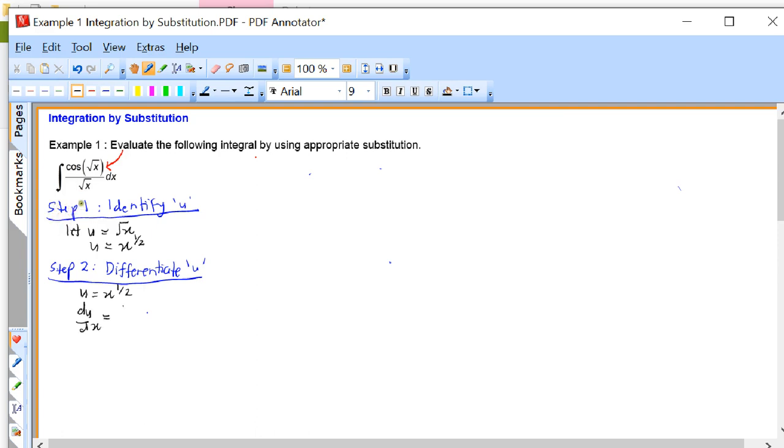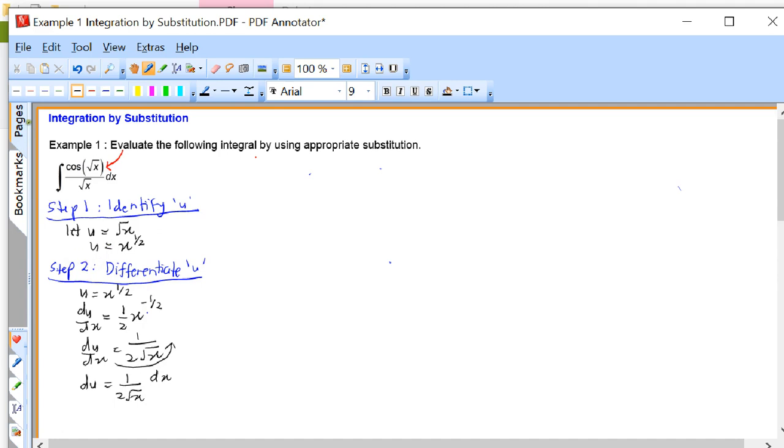Differentiating the function, you're going to have 1 over 2 x to the power of negative 1 over 2, or we can write du over dx equals 1 over 2 square root of x. Okay, next step, I'm going to bring the dx to the right hand side. So we have du equals 1 over 2 square root of x dx.